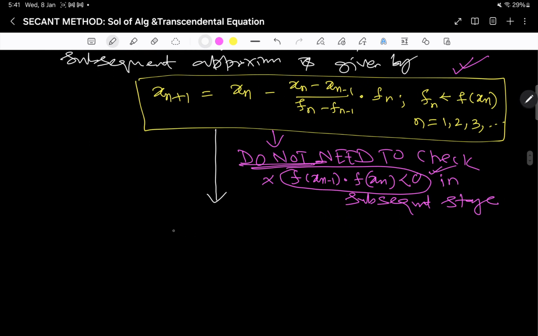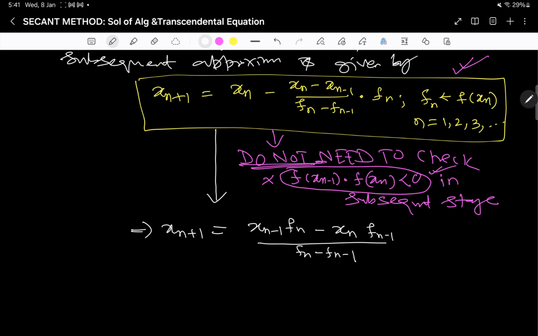If we simplify it, then x_{n+1} is given by (x_{n-1} f_n - x_n f_{n-1}) divided by (f_n - f_{n-1}), with relaxation of the condition f_{n-1} into f_n is negative for n greater than or equal to 1.